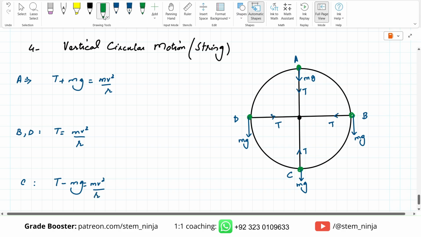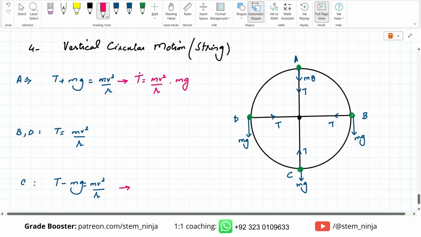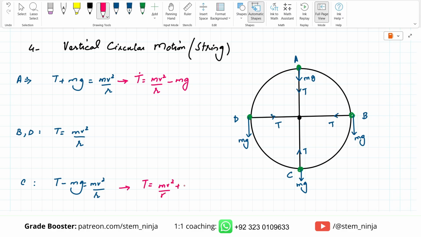Now, a further examination which is required. If you make T the subject, this would mean that this is mv squared over r minus mg, and over here, in this case, it would be mv squared over r plus mg.